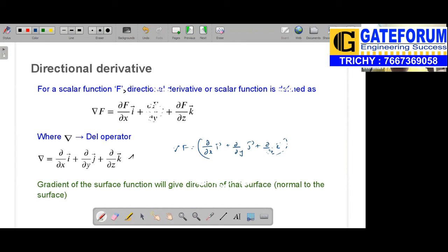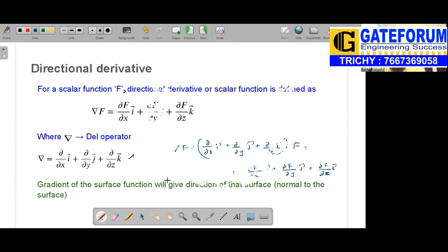It's not a dot product. And f is not a vector, so you also need to take care of that. f is a scalar function. There is no vector, it is a scalar function. So when multiplying each term inside, you will get ∂f/∂x i vector plus ∂f/∂y j vector plus ∂f/∂z into k vector. So this is how it is obtained.